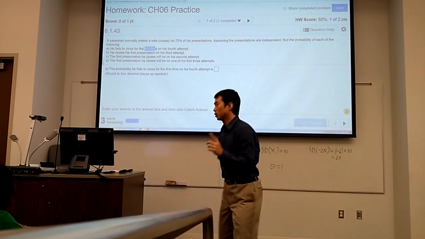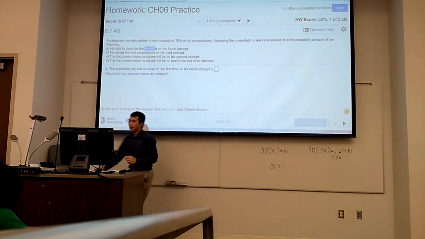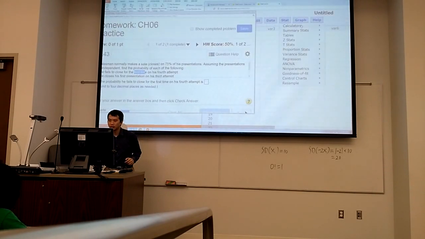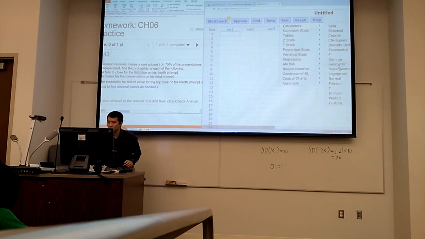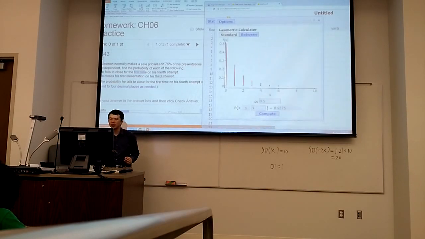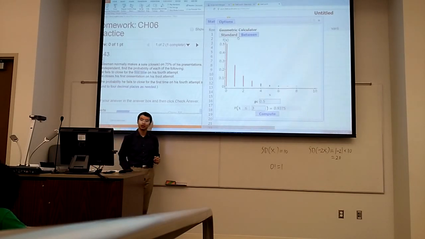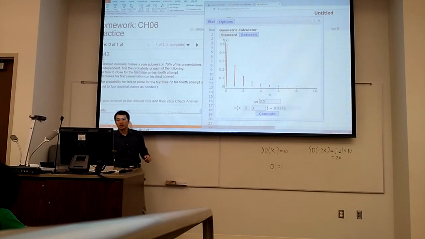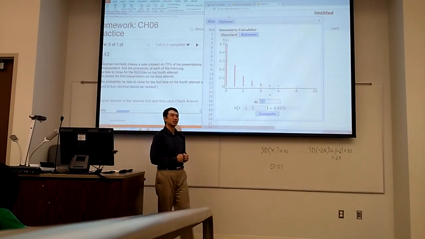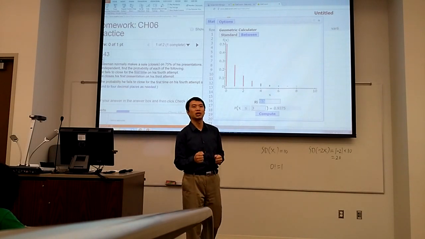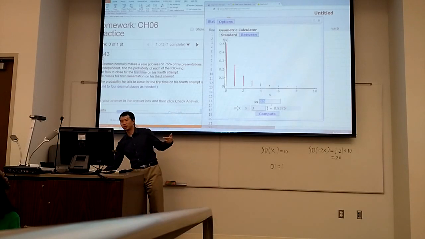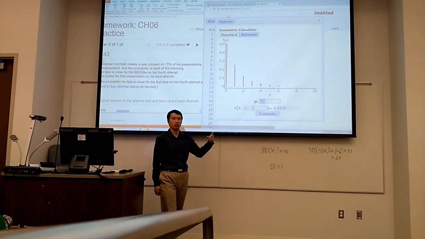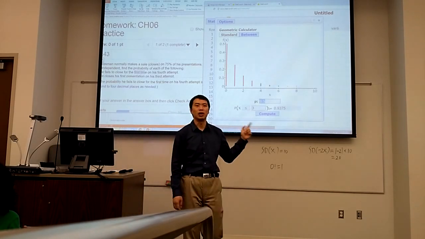So we go back here to use the geometric calculator. Then based on the description, let's figure out the parameter, what's the probability of success. Then we put the numbers in there, and then we can do the calculation. So that's for the geometric model.